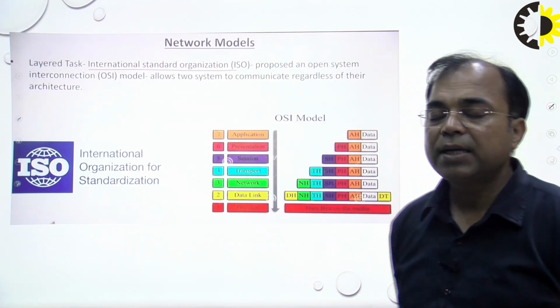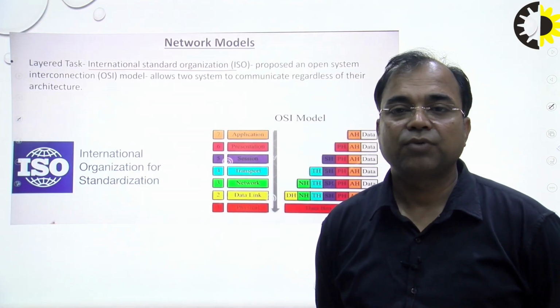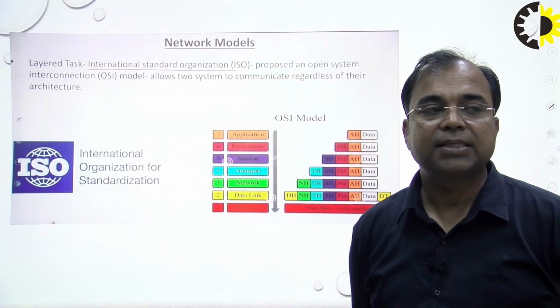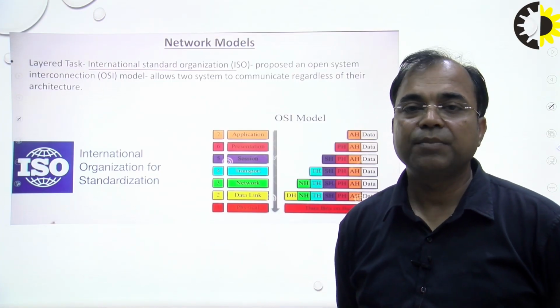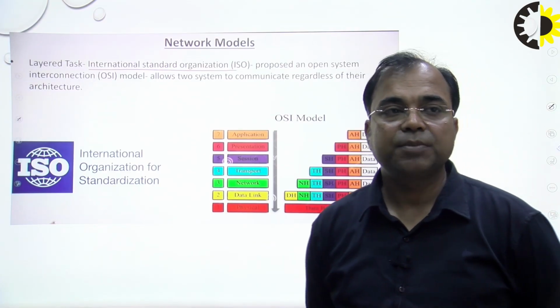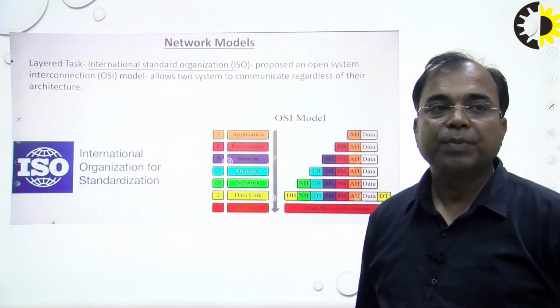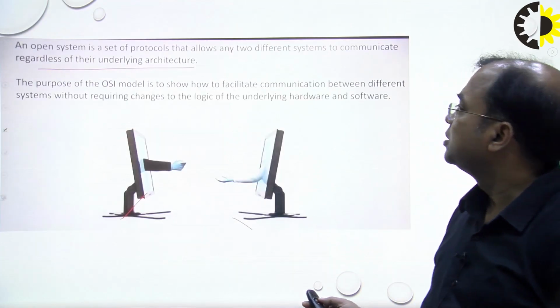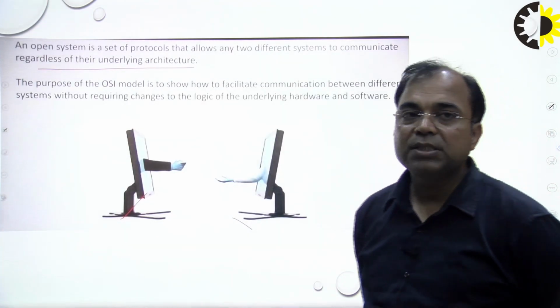So it is a matter of communication. While discussing international organizations, there must be some protocols for communication. So in terms of that, they proposed the Open System Interconnection model.